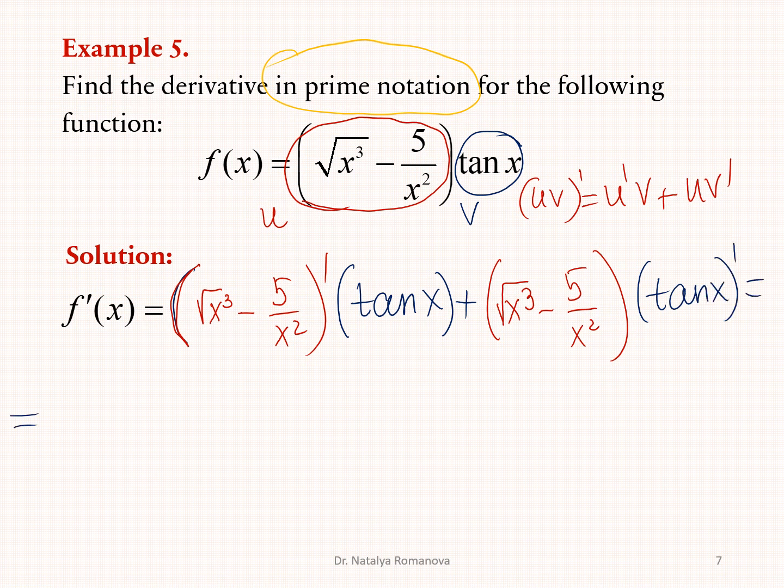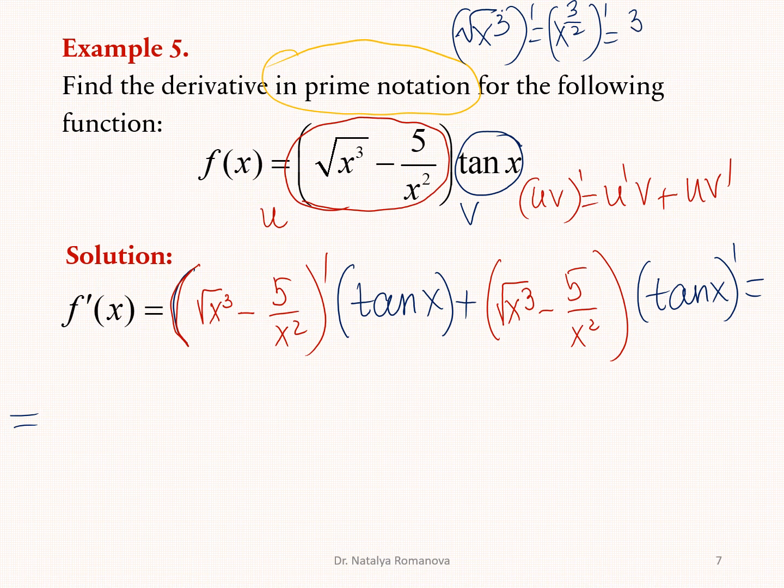Now we can find the derivative. The square root of x cubed equals x to the 3 over 2, derivative.